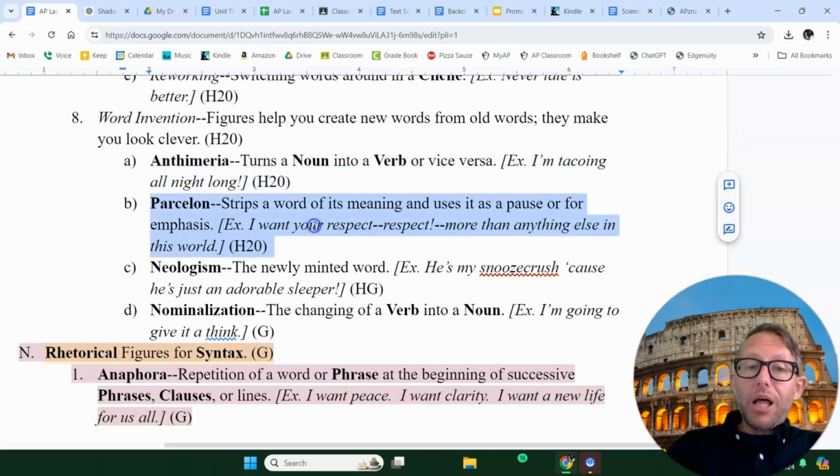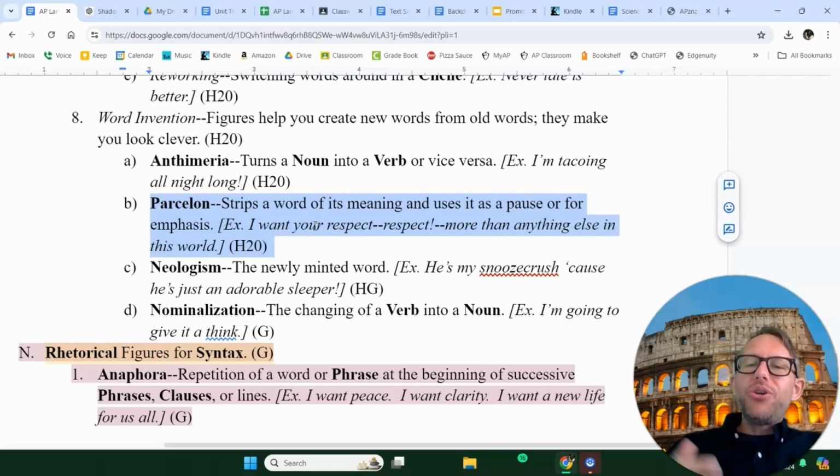You've got parcelon, which is to strip a word of its meaning and use it as a pause or for emphasis. So it really starts to lose its meaning as a consequence. Remember, it's more about the pause than it is about the meaning. So it says, I want your respect. Respect more than anything else in this world.